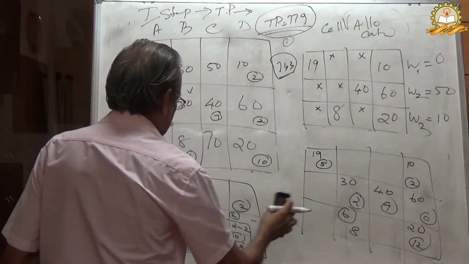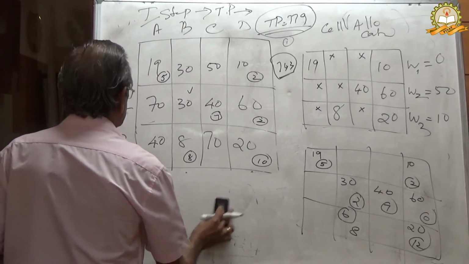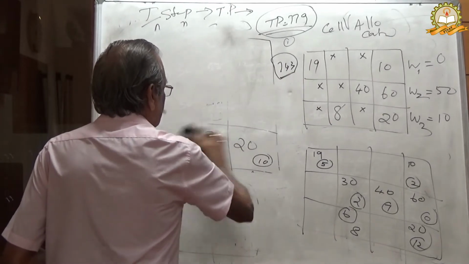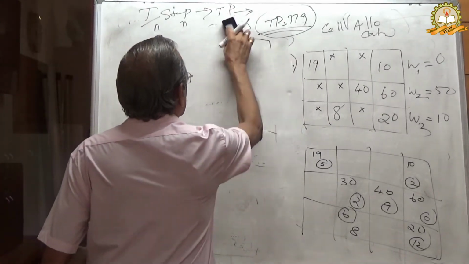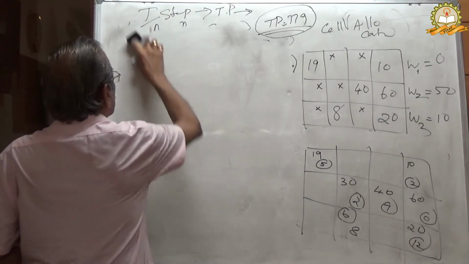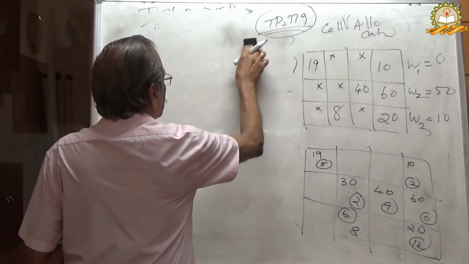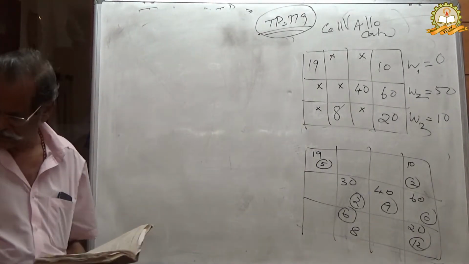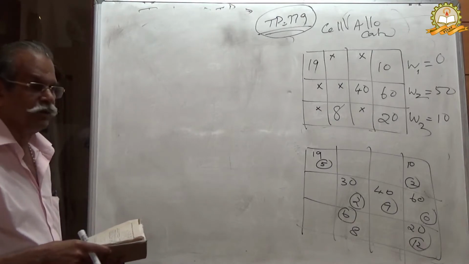This is the final number. Again you have to test the optimality with the following steps. You will have to repeat one more optimality test, which you can do, and you will obtain as follows.